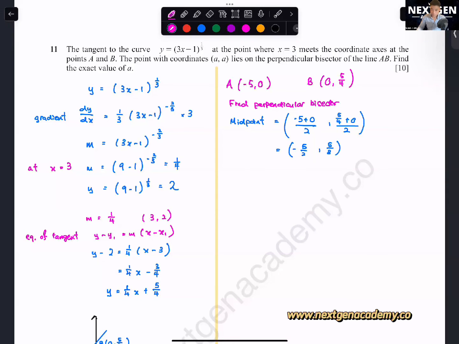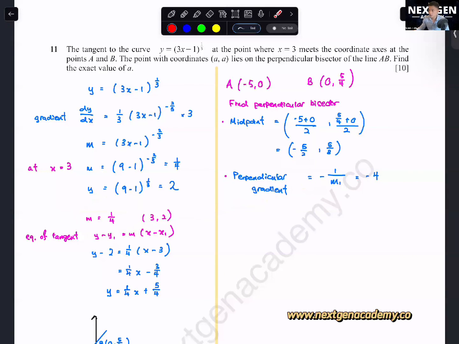Second thing, you need to find the perpendicular gradient. What's the formula? You just need to use negative 1 over m1, which gives you negative 4. The original one is 1 over 4, which is over here.